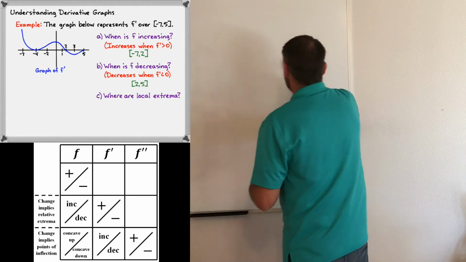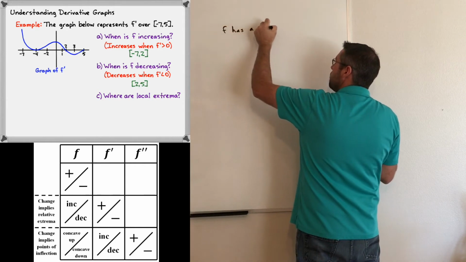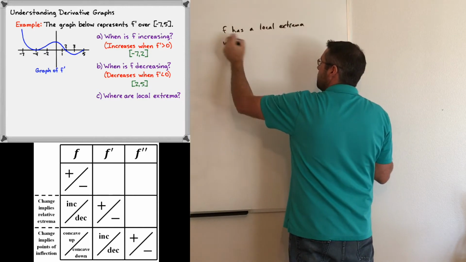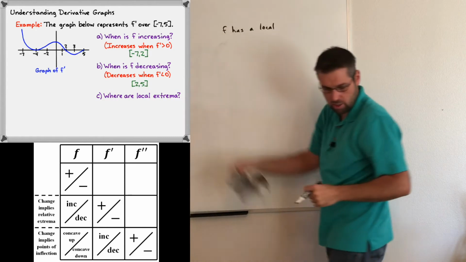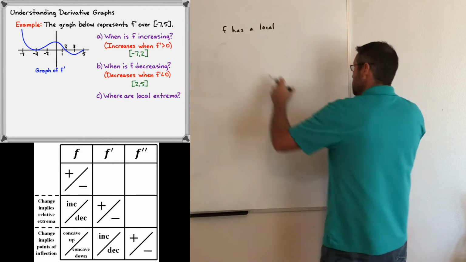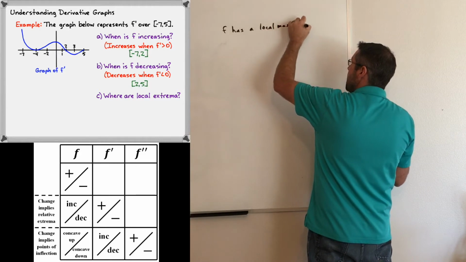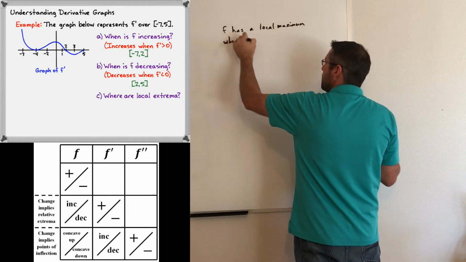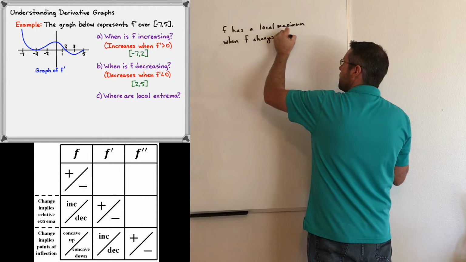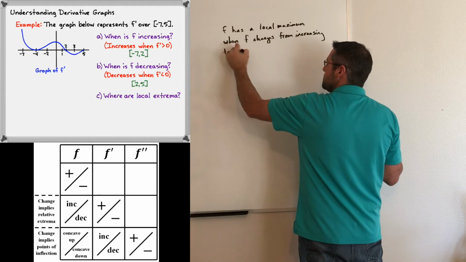So let's justify that a little bit here. We would say that f has a local extrema. Let's be more specific. Well, f prime is changing from positive to negative here. So f has a local maximum when f changes from increasing to decreasing.